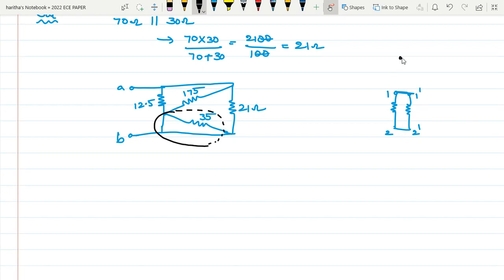Whenever there is a wire across a resistor, that branch, whatever the resistor consists of, we can call it a redundant branch. That means you can neglect or remove that resistor. If you have a short circuit across any resistor, then this resistor branch is called a redundant branch. Then you can neglect the resistor. So here 35 ohm is a redundant branch.